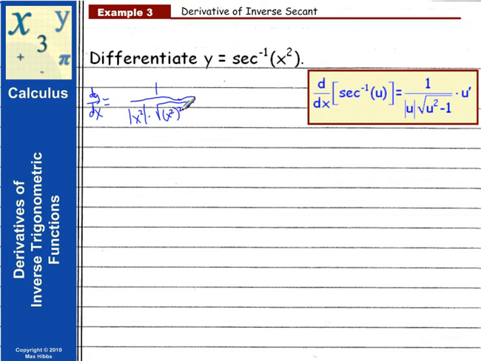That is, we're squaring u. Minus 1, and then times the derivative of u, u prime. Well, since u is x squared, the derivative of u is 2x.